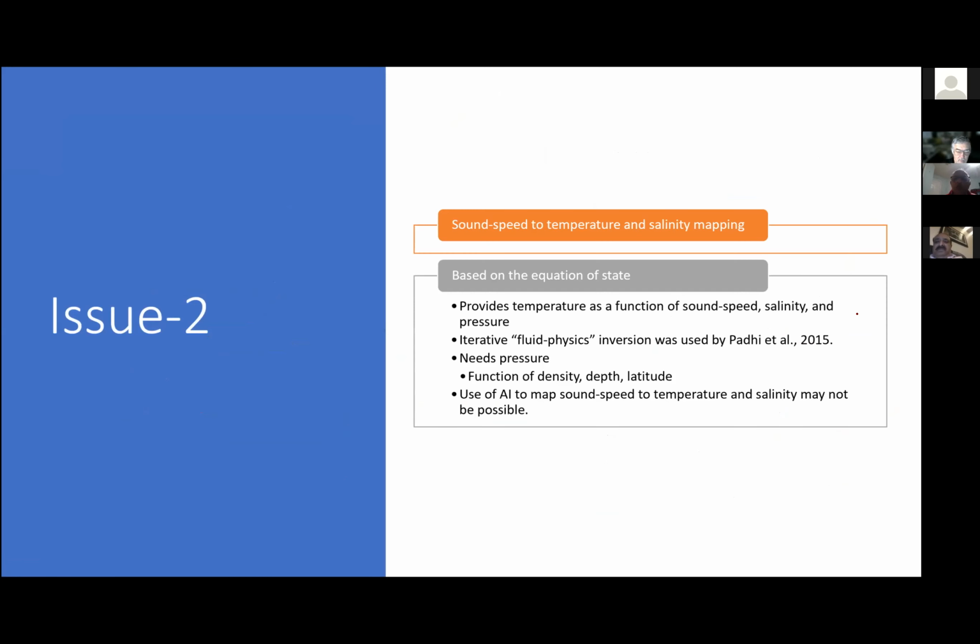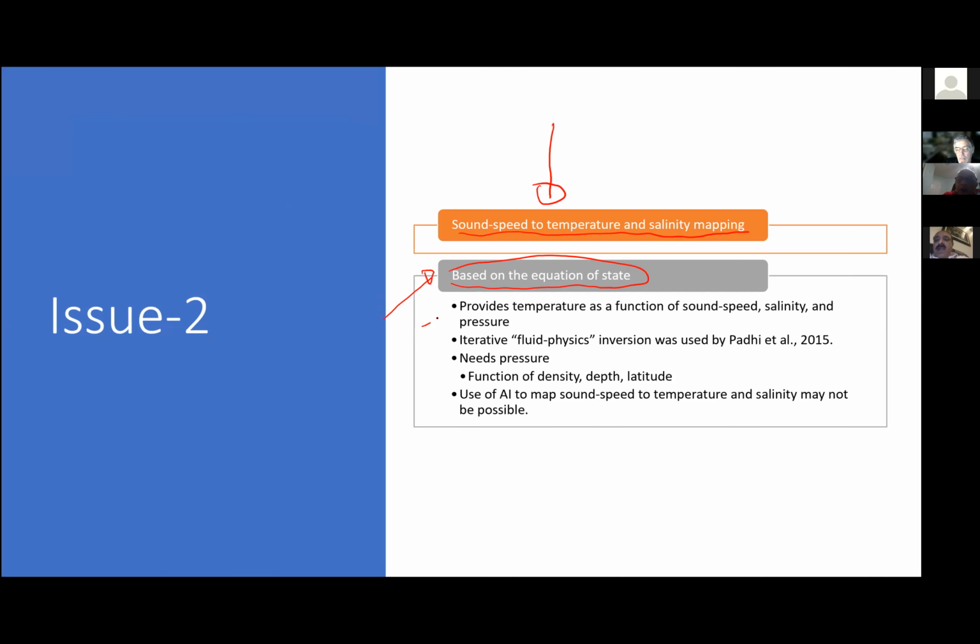Issue number two, which I completely ignored here and will just briefly describe, is how do you do the sound speed to temperature and salinity mapping. If you read that paper, it is based on the equation of state.